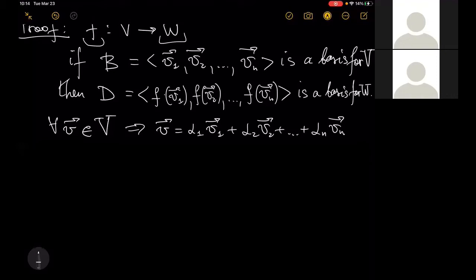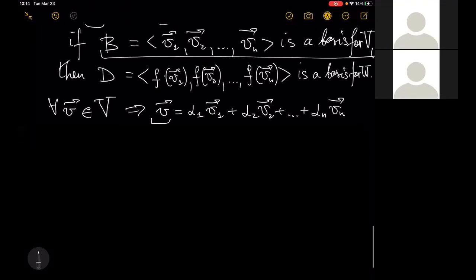Why? Because B is a basis for V capital, right? So it means that any vector from V can be represented as a linear combination of vectors of the basis.